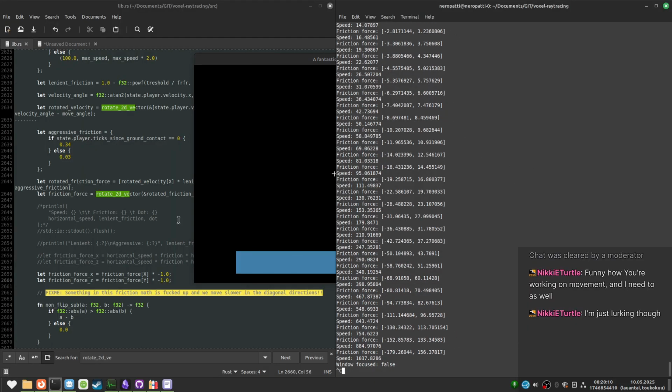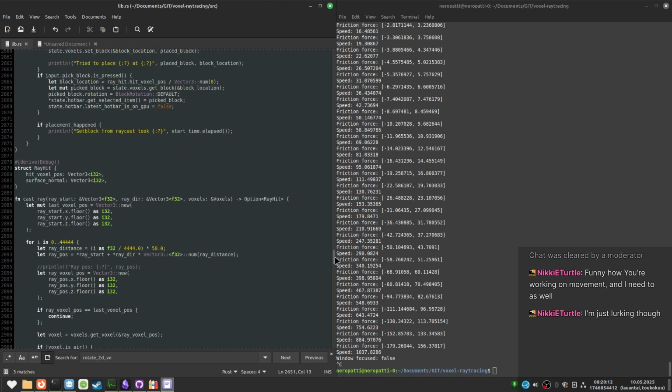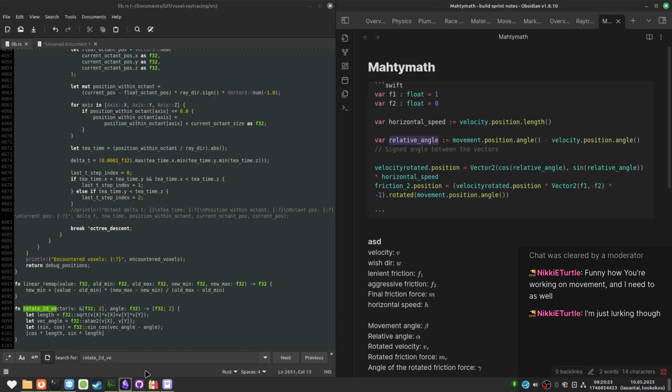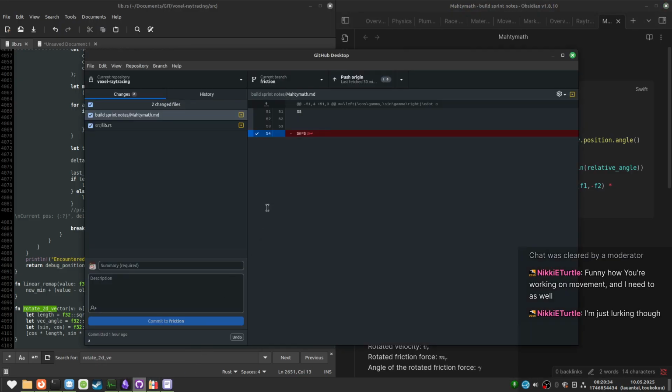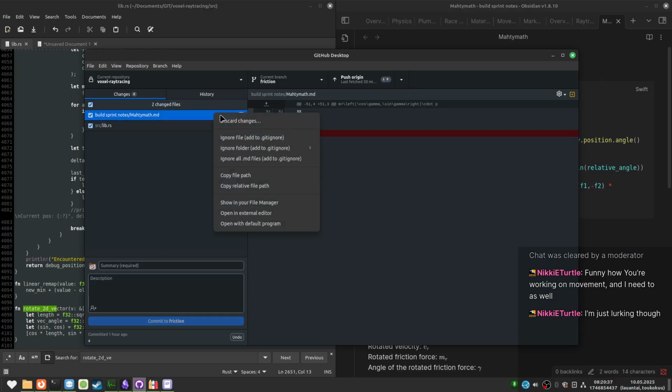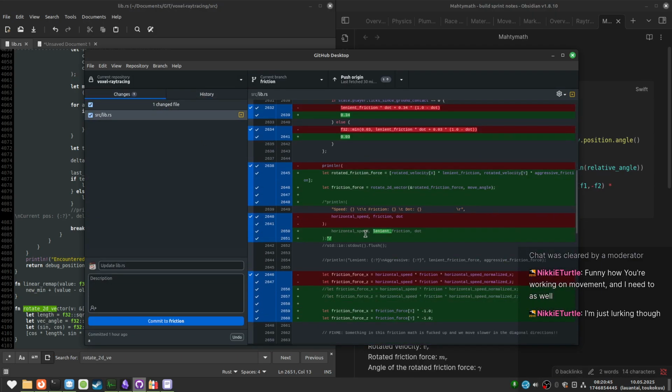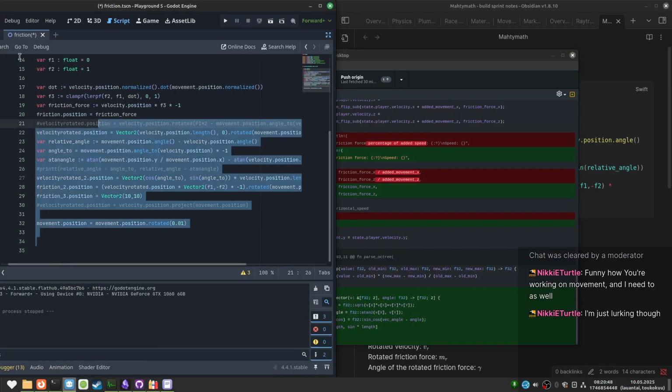Honestly, I think I'll continue this another time. I am not feeling it. Not feeling it at all. I do know the logic. I have it in Godot code.